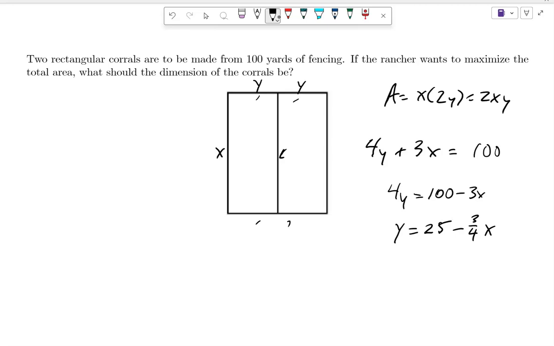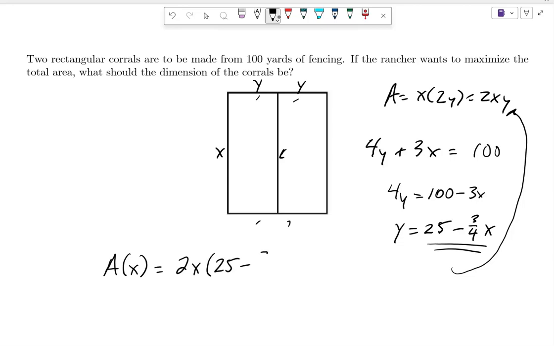So now we can plug this expression that we just found in up here for the y. So now we have our area in terms of just x: 2x times (25 minus 3/4 x). If we distribute the 2x through, you get 50x minus 3/2 x squared.